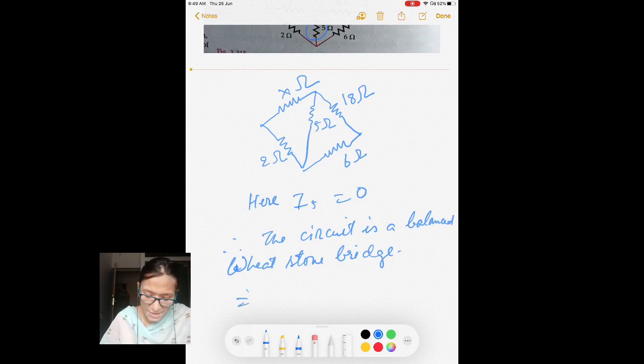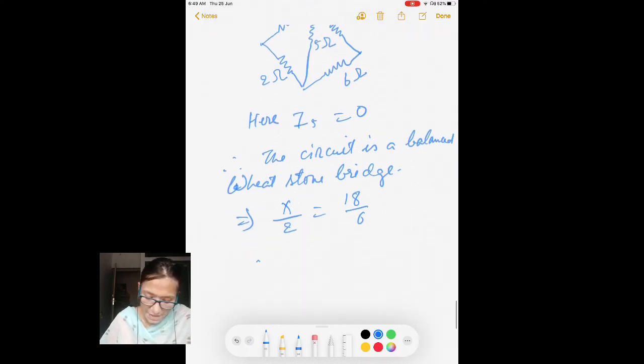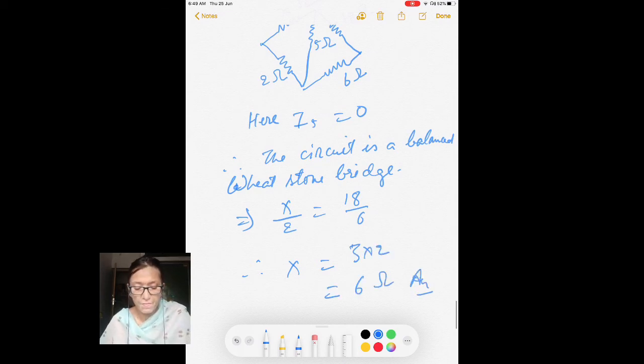It implies that x upon 2 must be equal to 18 upon 6. Therefore, x comes equal to 3 into 2, and that is 6 ohm. Answer. Now next question.